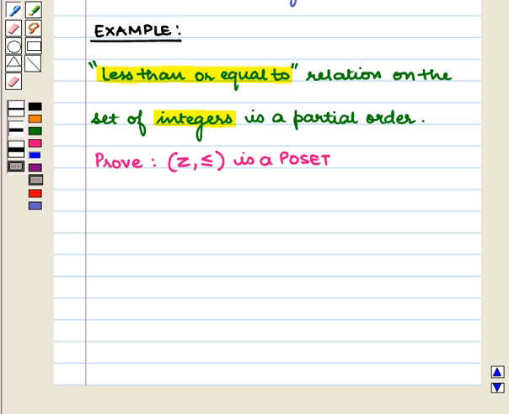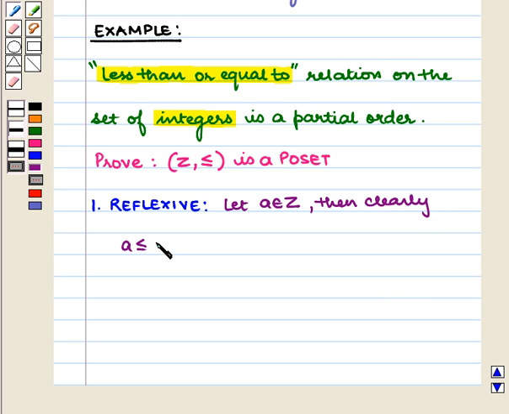For this, we will prove that this relation is reflexive, antisymmetric and transitive. First, we prove it to be reflexive. Let A belong to Z, the set of integers, then clearly A is less than or equal to A for all A belonging to Z.